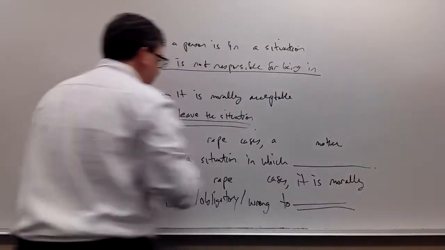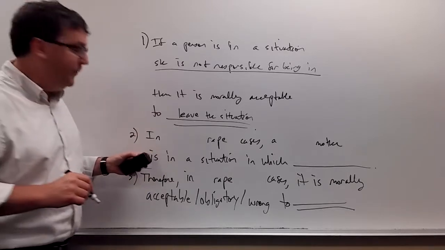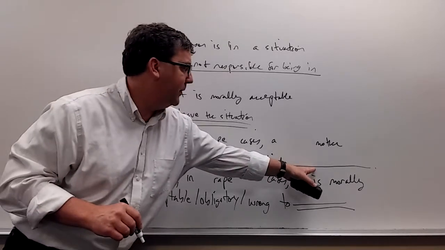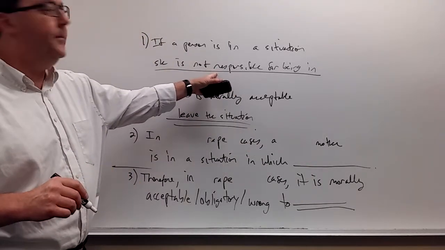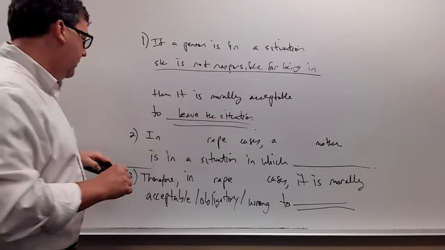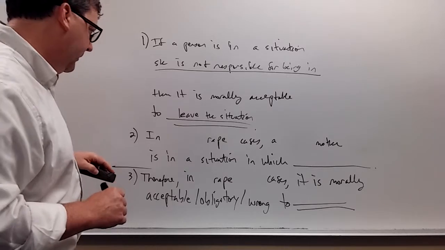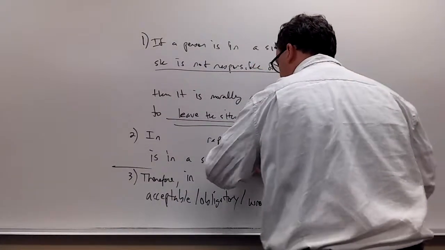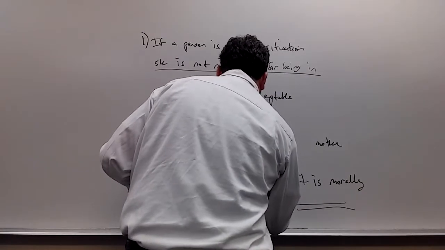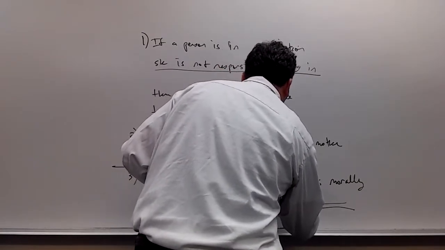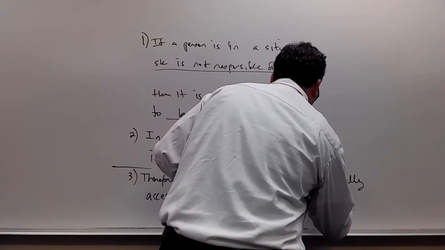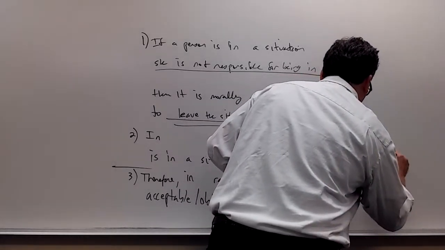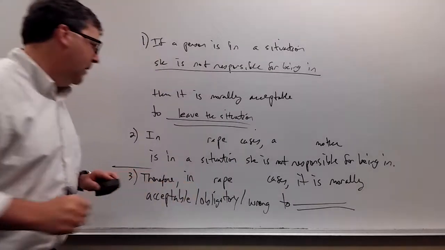And so what we want to do in number two is we want to here use the same words that we have here in number one. So in rape cases, a mother's in a situation, and in order to make it grammatical, I've got to put it like this. In a situation she is not responsible for being in.